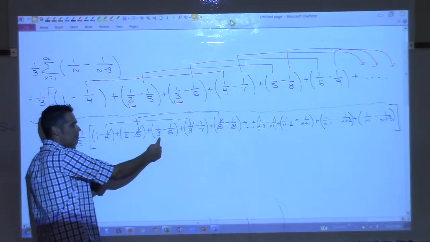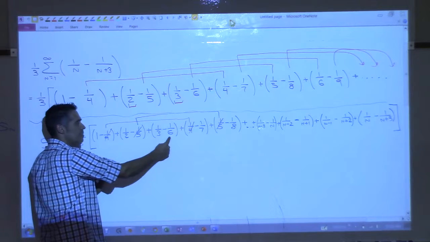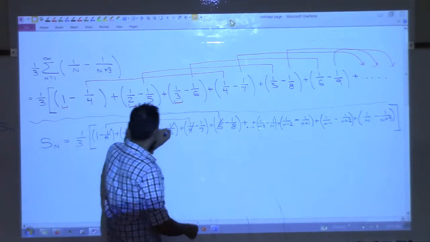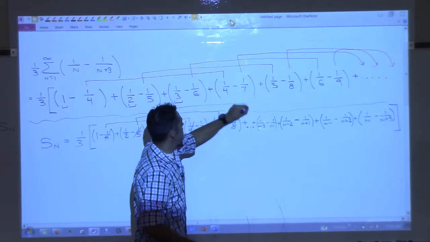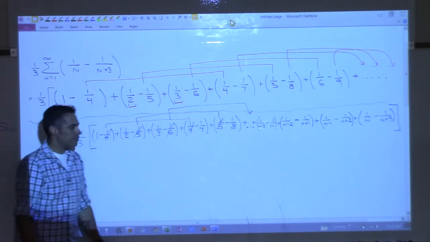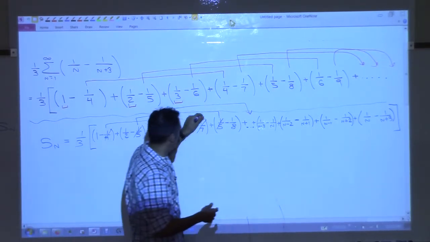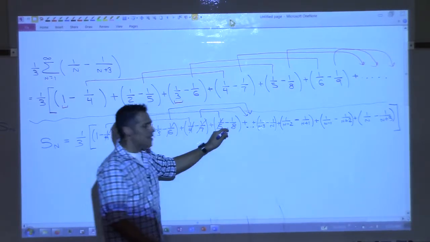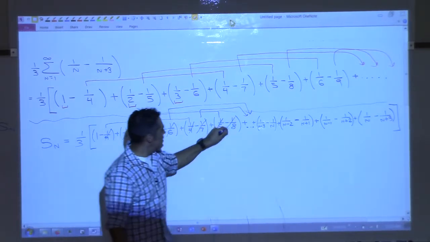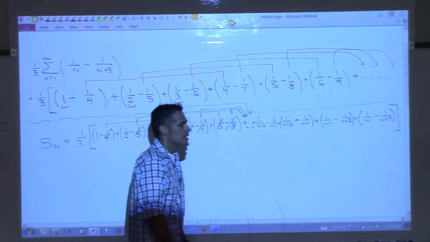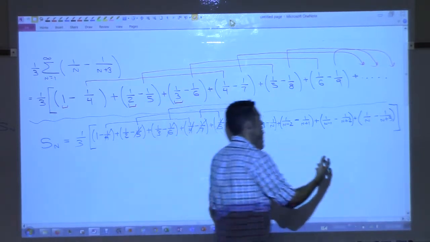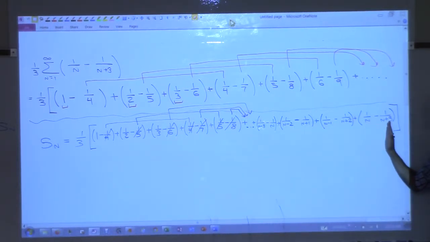What about this 1/3? Stays. Negative 1/6 goes, cancels with something in that dot, dot. How about the negative 1/7? Something in the dot, dot. How about the negative 1/8? Something in the dot, dot. Okay, now let's go to the other end. Does this one go?